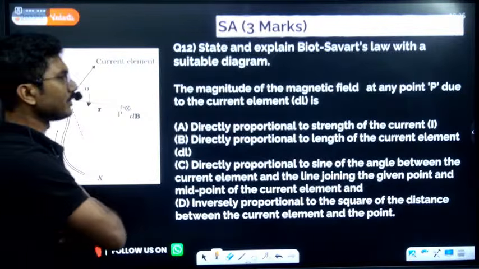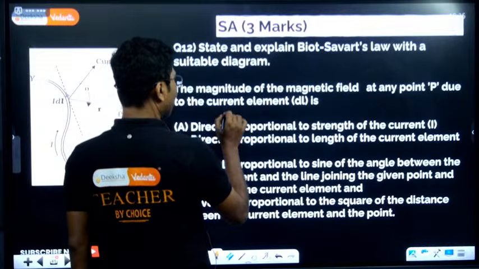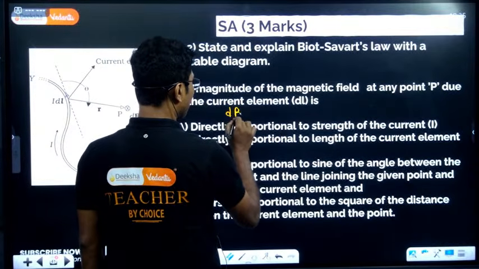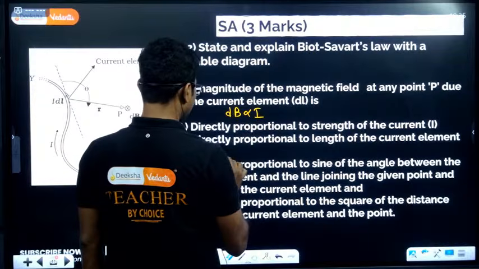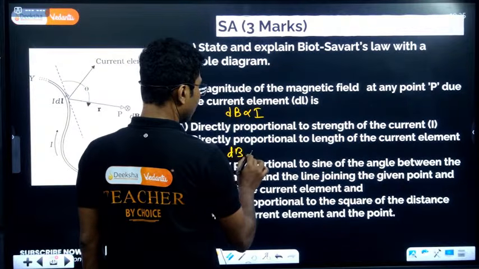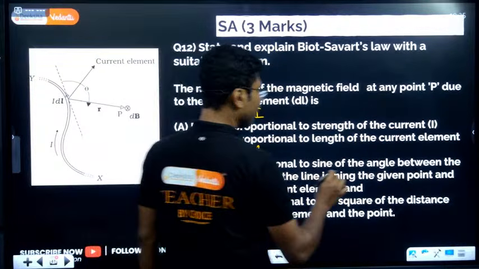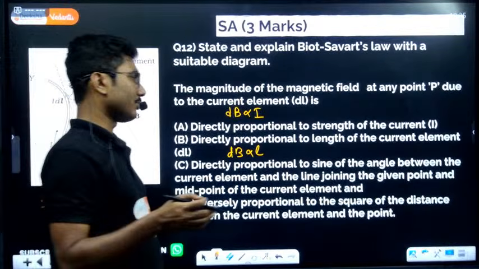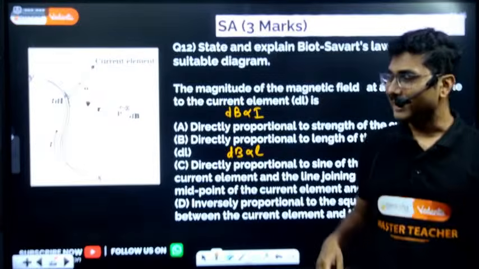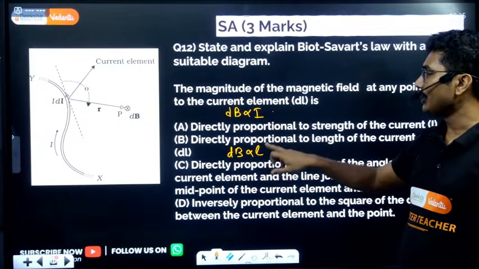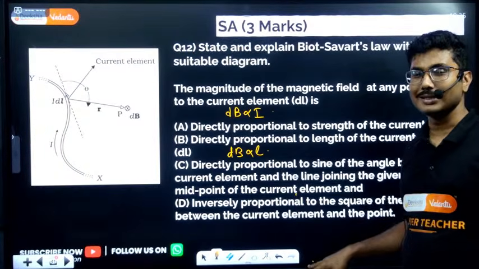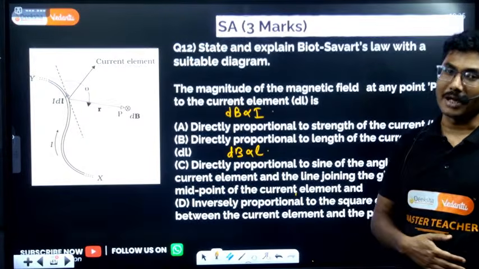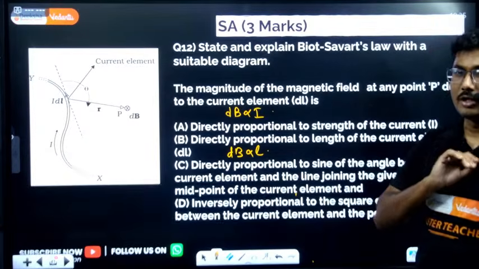Many of you just write dB is proportional to I, dB is proportional to L, dB is proportional to sine theta, dB is proportional to 1 by r square. If you are writing that, you have to mention what is I, what is L, what is sine theta, what is r. If you mention that, then only you will get the marks. If you just write this, you will not get any marks.